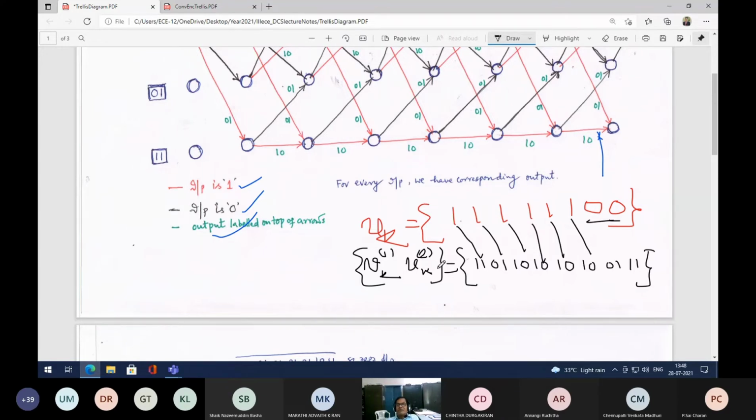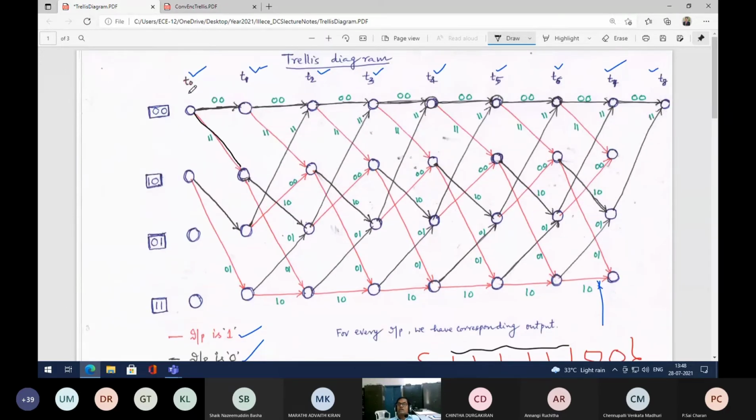Actually, I am transmitting here 6 input bits. After that, I don't have any bits, so I'll stuff with zeros so that it will come to the initial state. This is the starting point, and this is the ending point. This is the normal conventional way.